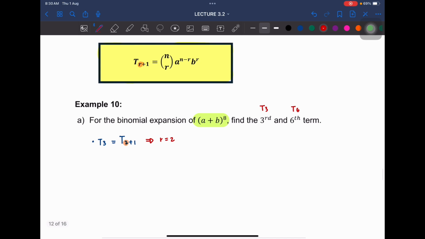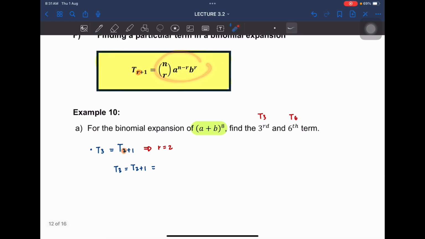Once you already know your r, you can use the formula straight away, which is T3 equals T(2+1) equals n choose r. In this case, you have n equal to 8. This is your n, this is your a, this is your b. So n choose r, 8 choose 2, and then a to the power of n minus r, so 8 minus 2, and then b to the power of r.